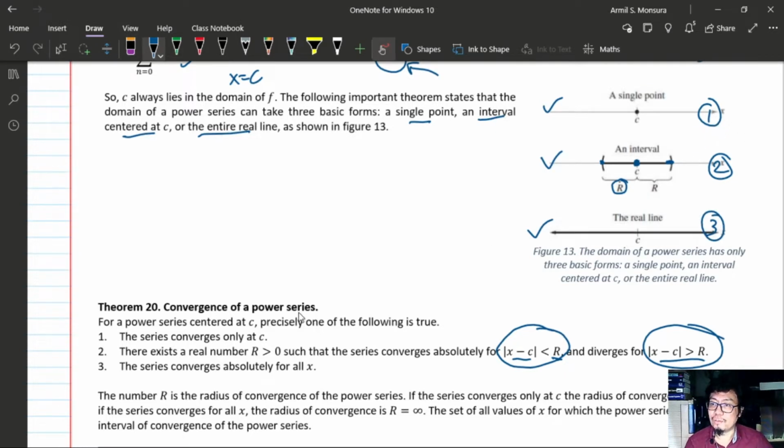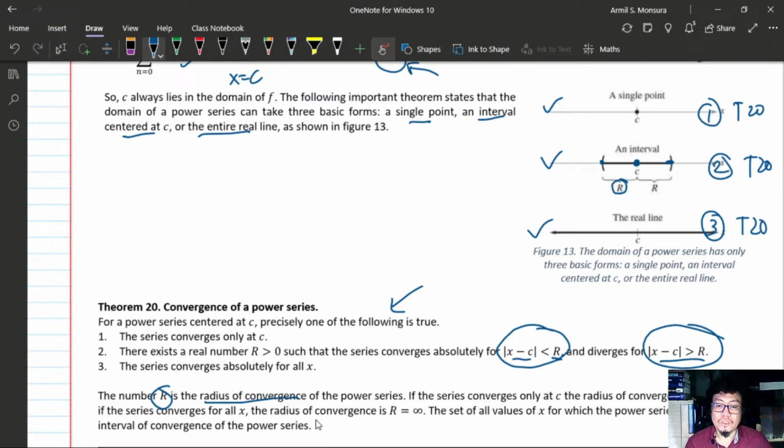So this is Theorem 20, part 1. This is Theorem 20, part 2. And this is Theorem 20, part 3. These are the illustrations of these points here. Now, the number R is what we will now call the radius of convergence.